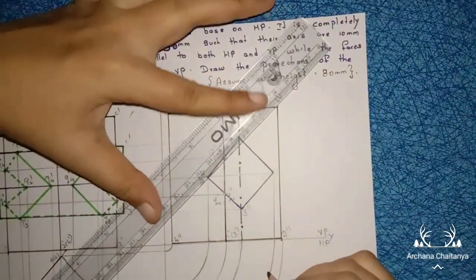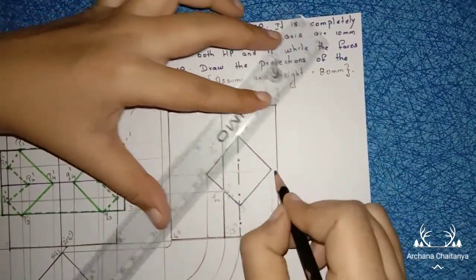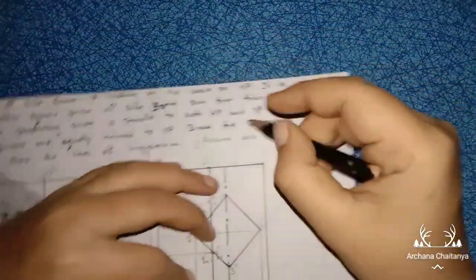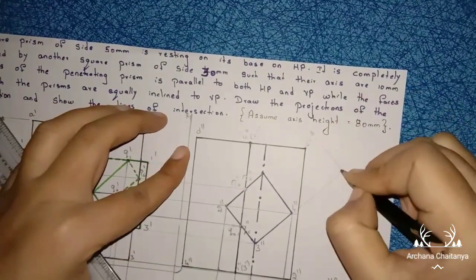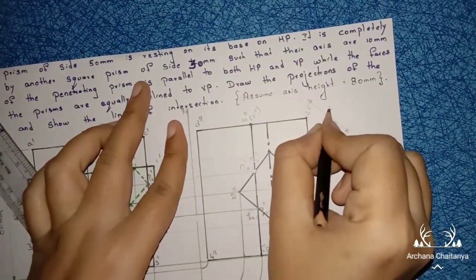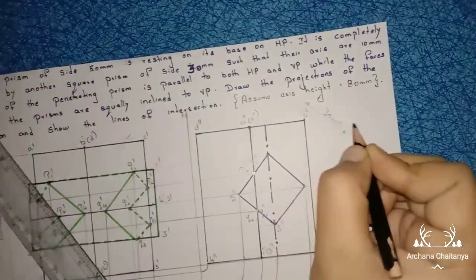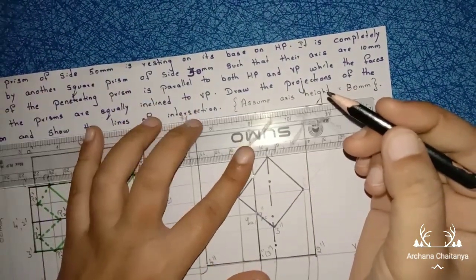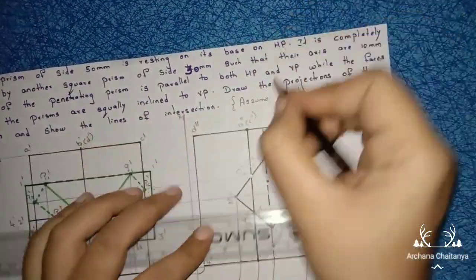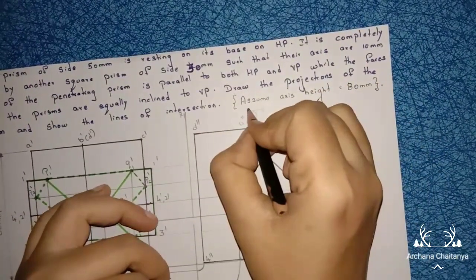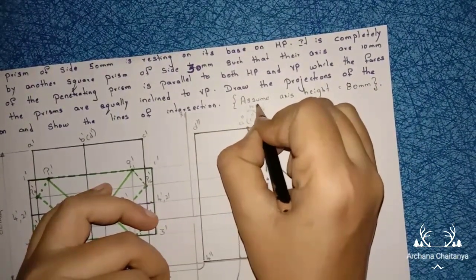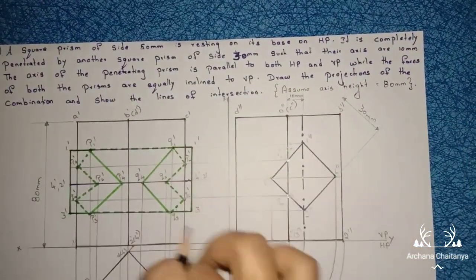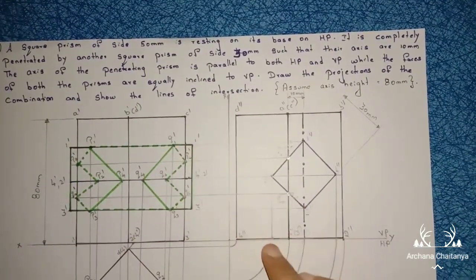And next one is they mention the length of this square. This square is here 30 mm, this is here 30 mm. And axes are 10 mm apart, draw the extension line and write down these axes are here 10 mm apart, so write down here 10 mm. And after that they asked draw the projections of the combination. This is the combination and show the lines of intersection.